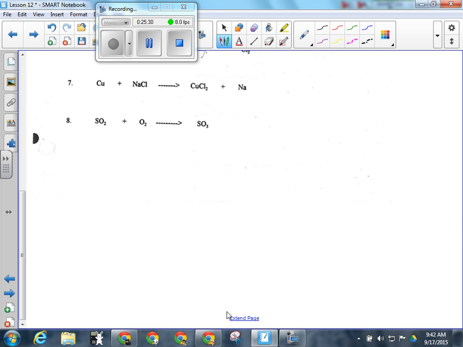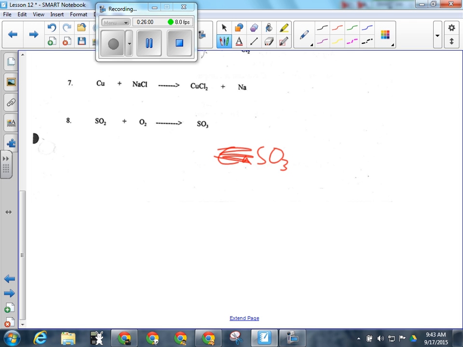Since this is not in a compound with something else, it's its own compound and needs to be named as such. So instead of sulfite, this is sulfur trioxide. Does that make sense to everybody? It's only named as an ion if it was, let's say, with calcium. Then it would be calcium sulfite. But because it's by itself, it's sulfur trioxide. Any questions coming up that you'd like to go over?